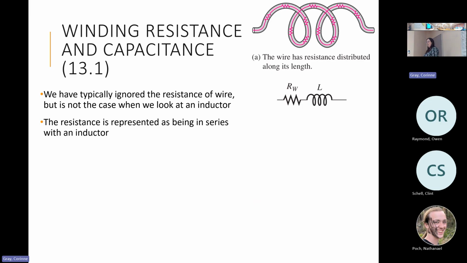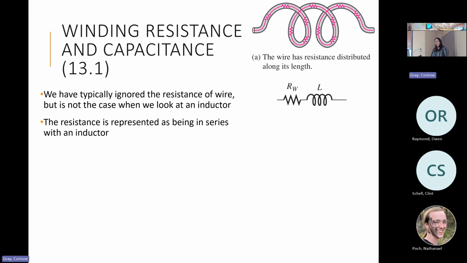So even though this is looking at a more realistic inductor, we are still going to be looking at ideal wires and not technically considering it. But if we wanted to be super accurate, we should do so. We are not getting super far into all of the weird things that you can do with inductors in this class.